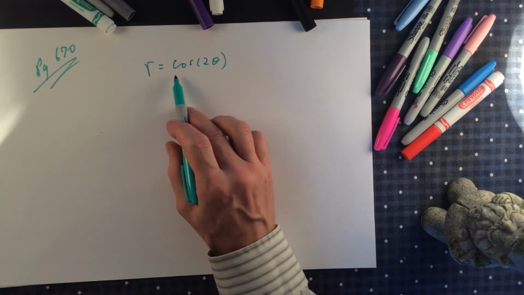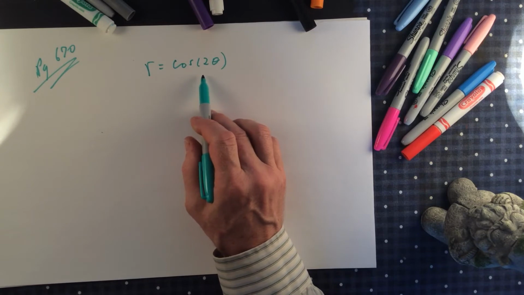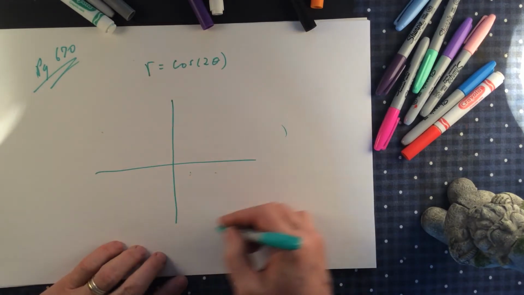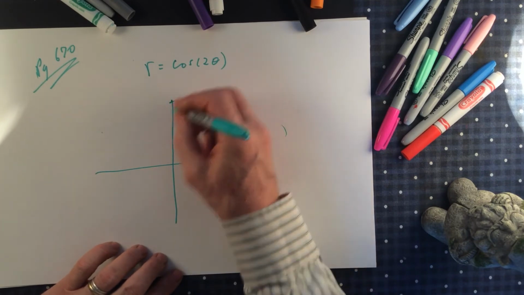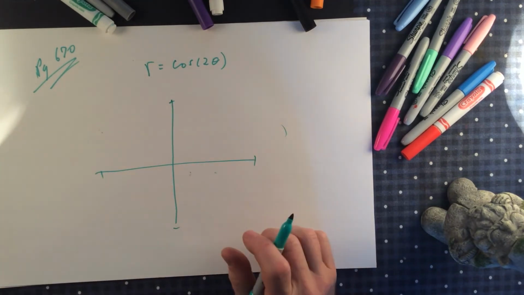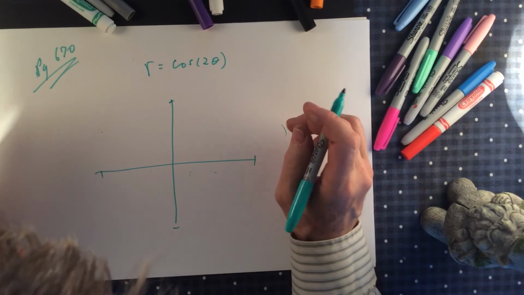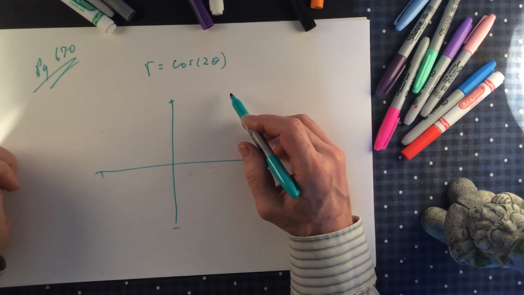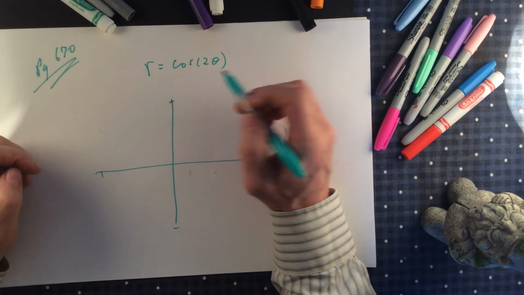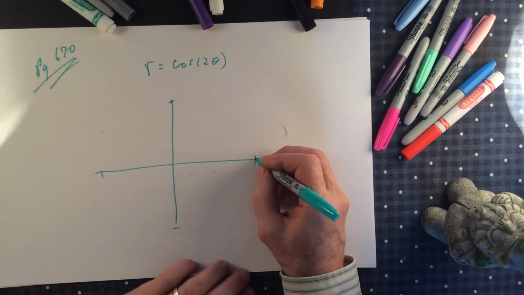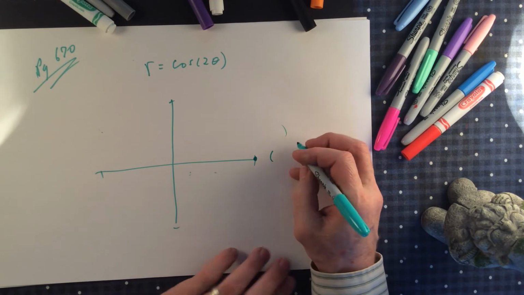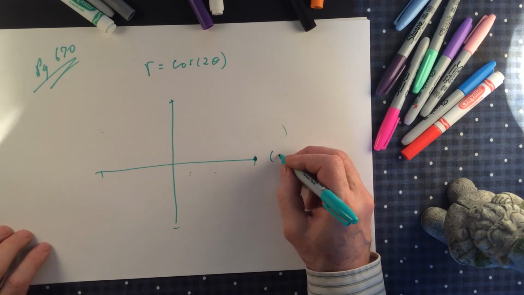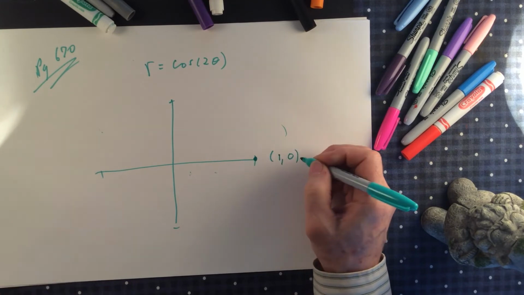I'm first going to notice that cosine varies between -1 and 1, which means this picture is going to be bounded by the circle of radius 1. It's inside of it. So that's the maximum value. Now, I also know that when theta is 0, 2 times 0 is 0, and cosine of 0 is 1. I know here is a point in polar of r, theta, which will be 1, 0.